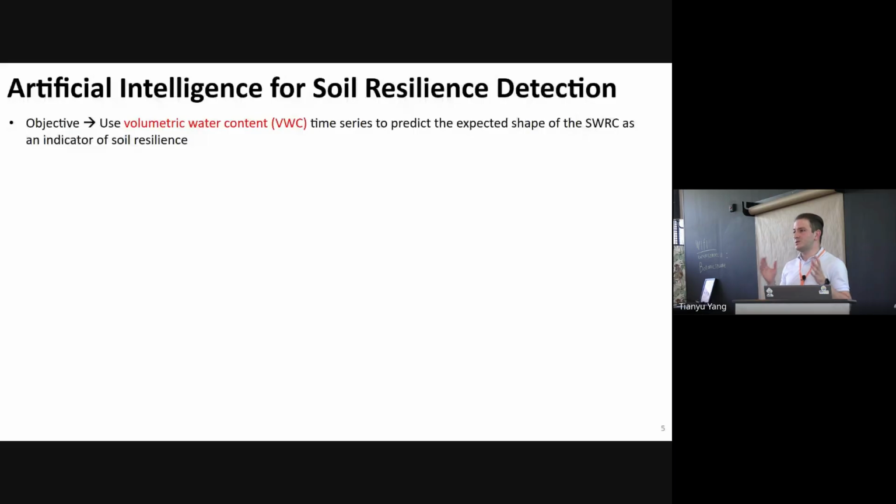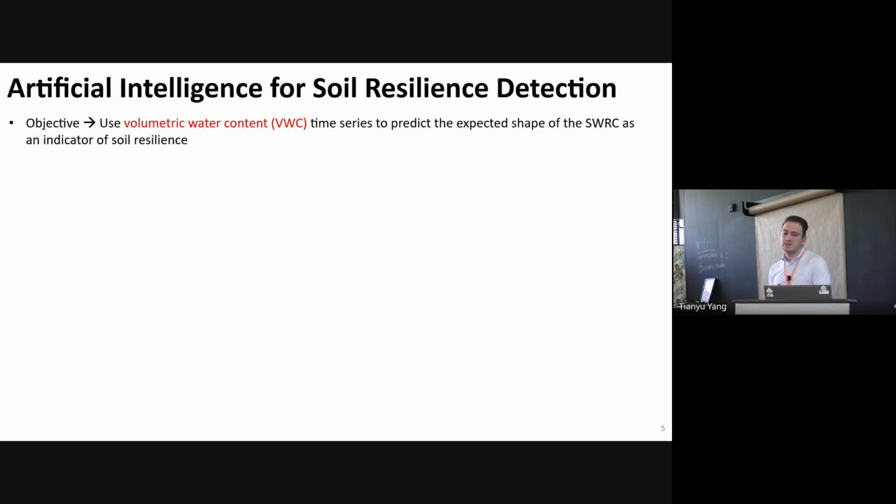Why did we choose the volumetric water content time series? Because now it's available globally by remote sensing, and it's the easiest one to measure now for water content if we want to go global, to predict the shape of the soil water retention curve, and then we will see if this shape is changing and say whether our soil is resilient or not.